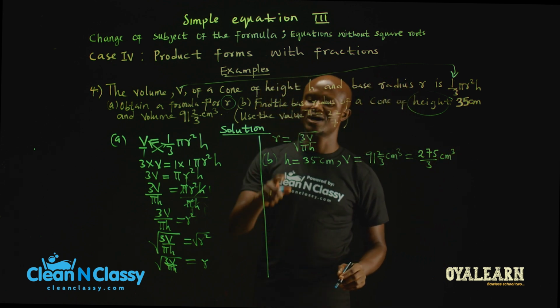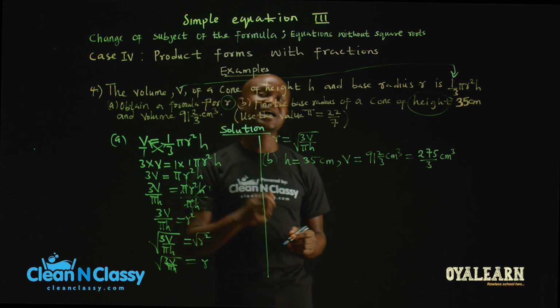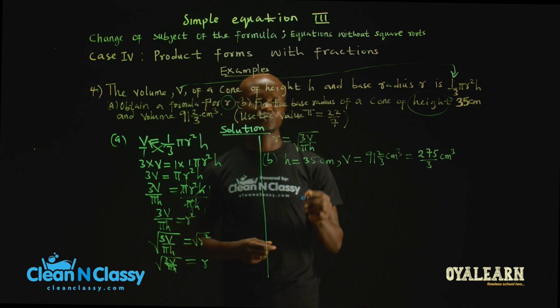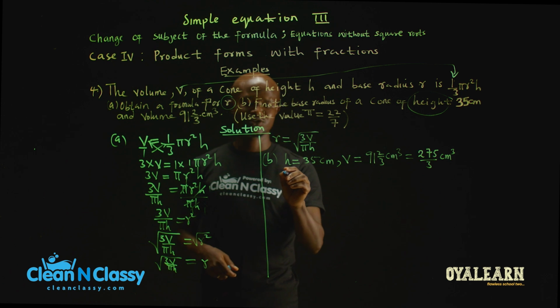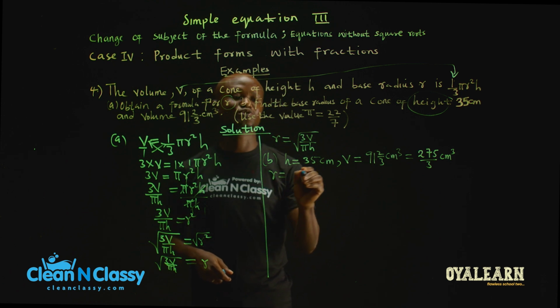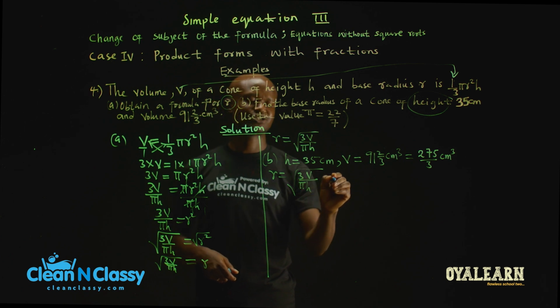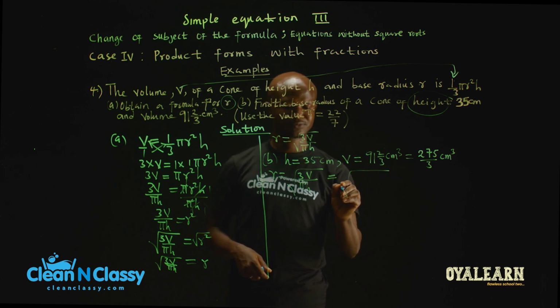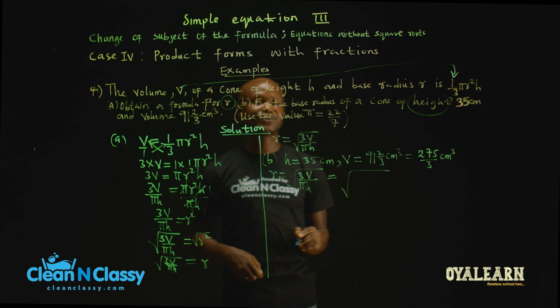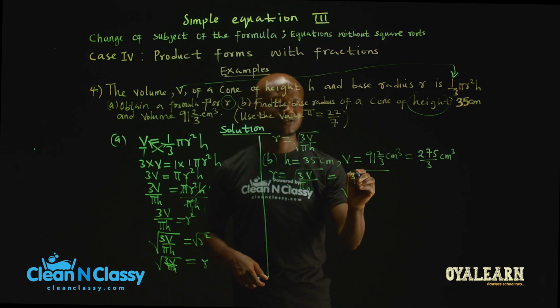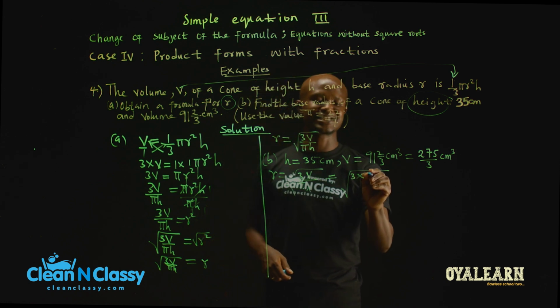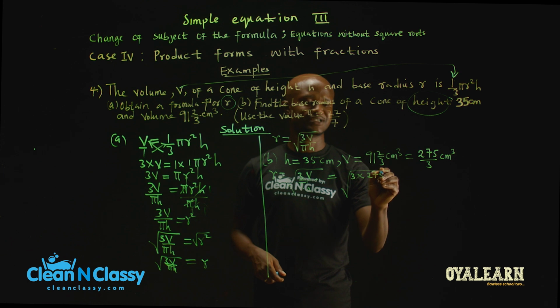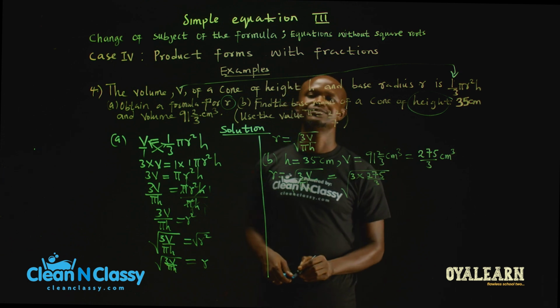Now we are going to use the result of the first part of this problem to solve the second part. So we have r equals square root of 3V divided by pi h. We are going to substitute. Anywhere we see V, we put 275 divided by 3.